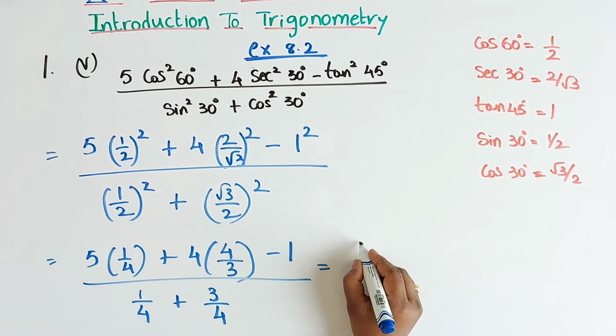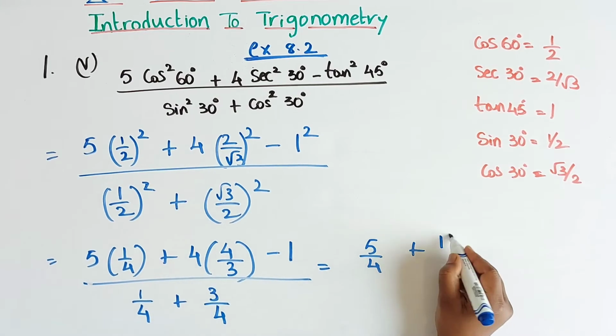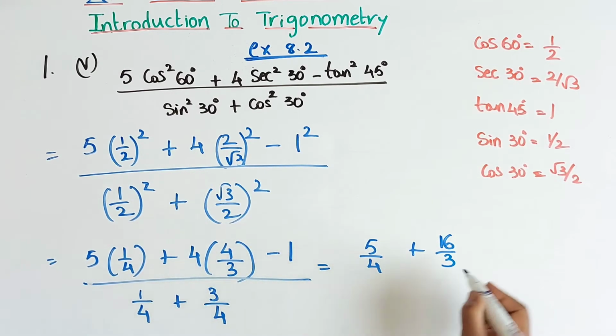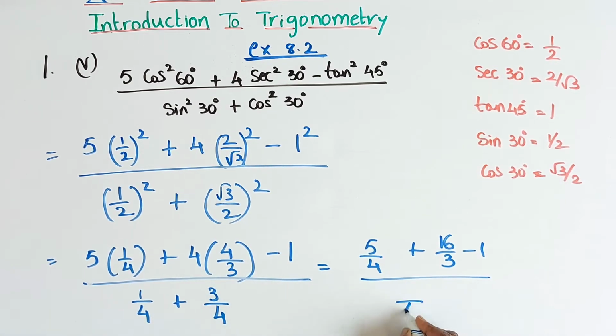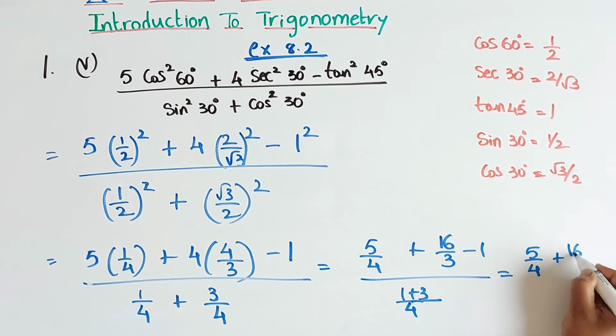This equals 5 into 1 by 4, that means 5 by 4 plus 4 into 4 by 3. 4 4s are 16 by 3. Minus 1, in the denominator 1 by 4 plus 3 by 4. See here, 4 is the LCM, 1 plus 3. That means 5 by 4 plus 16 by 3 minus 1 divided by 4 by 4. 4 by 4 is nothing but 1, children. Right? Now we have to solve only the numerator part.